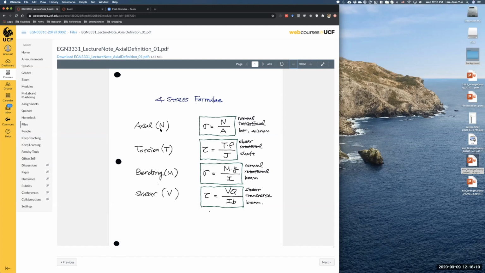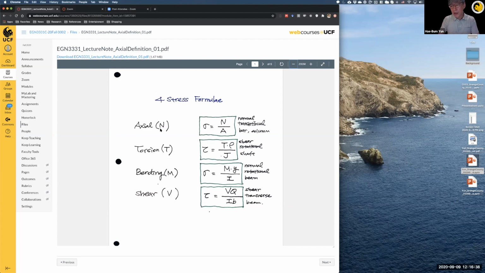What kind of mechanical member can you see around you? The mechanical member is a structure or body.